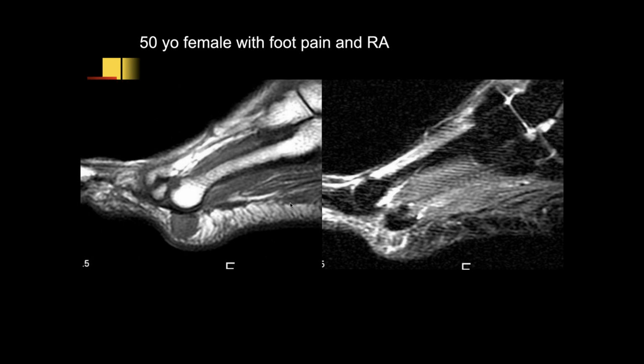Okay, Jennifer. So here we have some sagittal MRI images of the foot, and there's a nodular soft tissue signal intensity mass along that MTP joint. This could be a rheumatoid nodule related to rheumatoid arthritis.